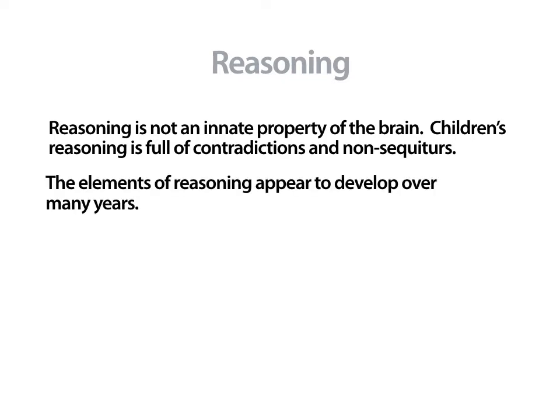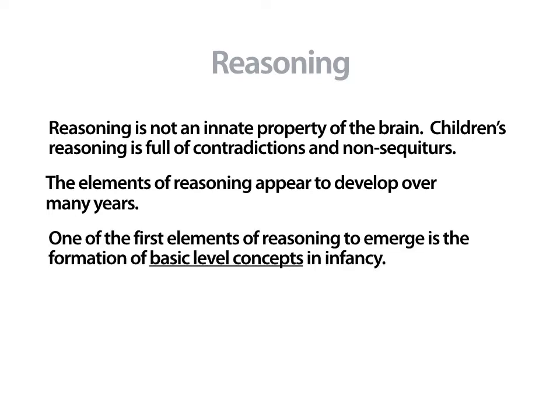This led Piaget to realize that the elements of reasoning must appear over development, and specifically to conclude that the elements of reasoning appear over a great many years. Now, one of the first elements of reasoning to emerge, we saw, was the formation of basic level concepts in infancy.